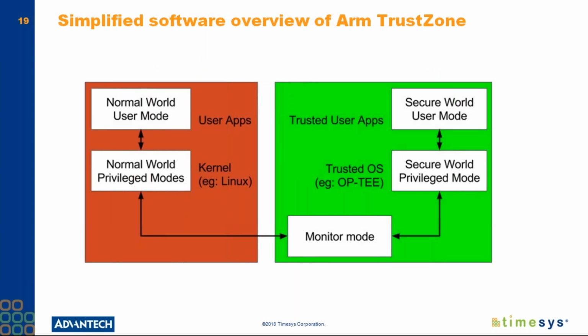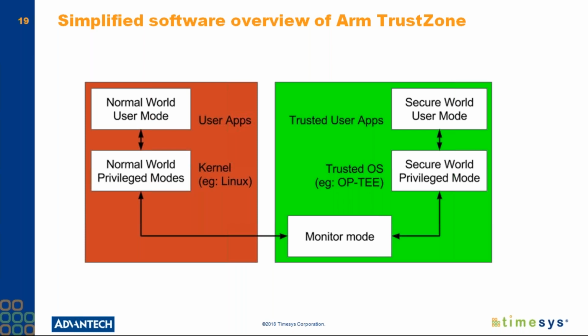So a simplified software view of how the Arm TrustZone is used is in this particular figure, where you have your Linux kernel running and you have user space applications running on top of the Linux kernel. It can then switch to the secure world using something known as monitor mode.